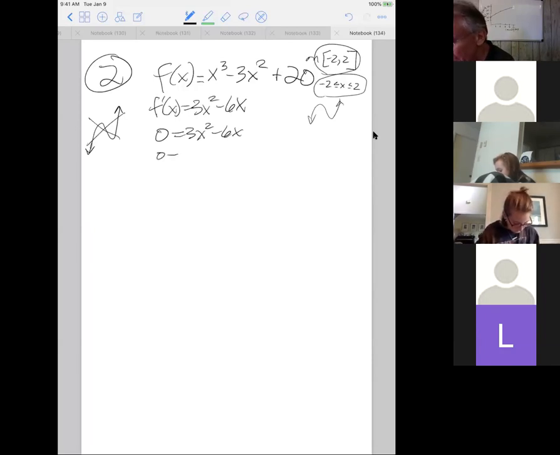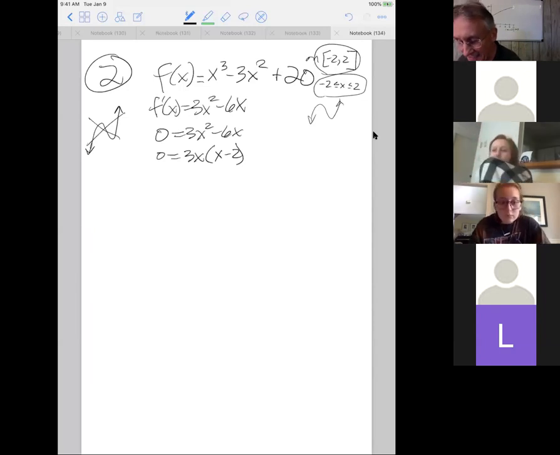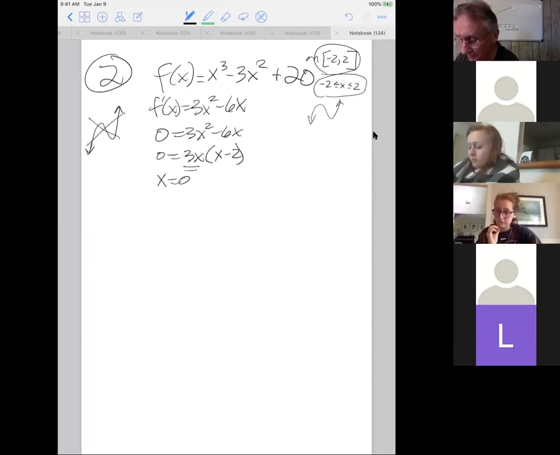You got 0 equals 3x times (x minus 2). There were a couple people that got x minus 6 there. That's just a math error, and when you got that wrong, it threw everything else off a little bit. But this 3x means x can be 0. x equals 0 is a critical number, and x minus 2 determines the other. So 0 and 2 are the critical numbers.